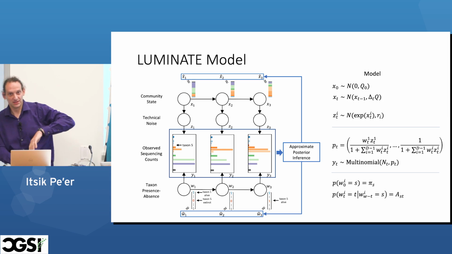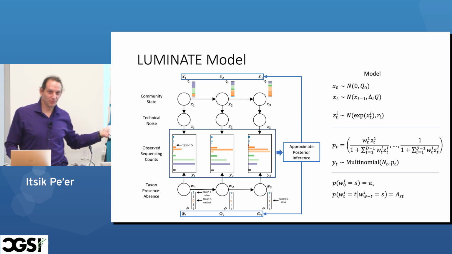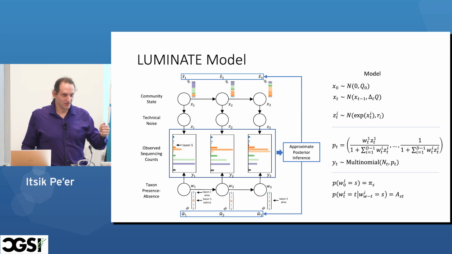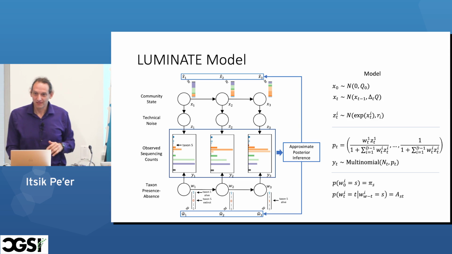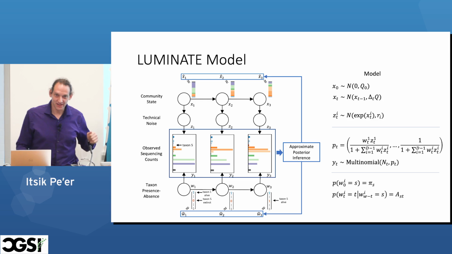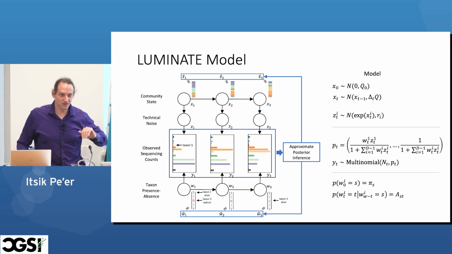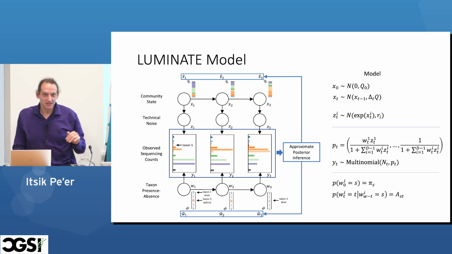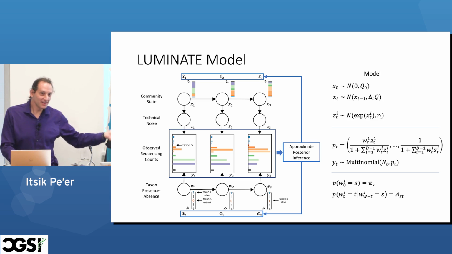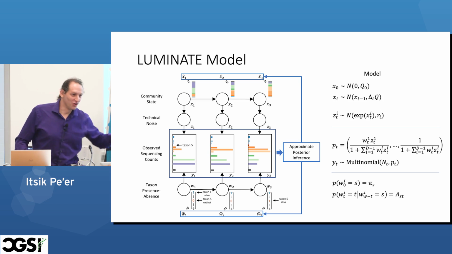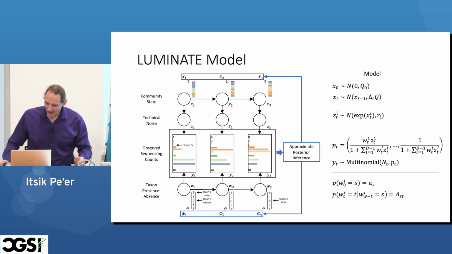If you don't remember Nick's presentation, there are videos. There's a video tutorial in CGSI from 2019 where David Knowles gave a tutorial about variational inference, and if you don't like that, there's another video where I gave a tutorial about variational inference. So you have no excuse.